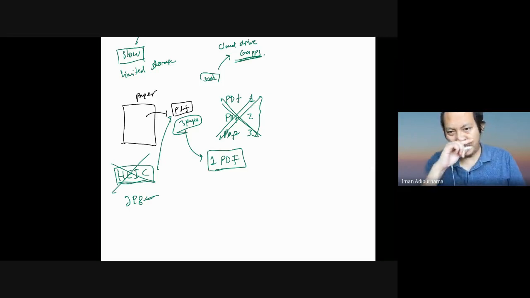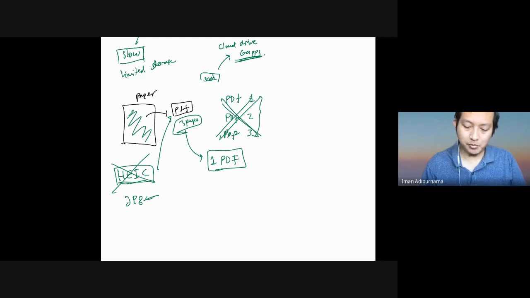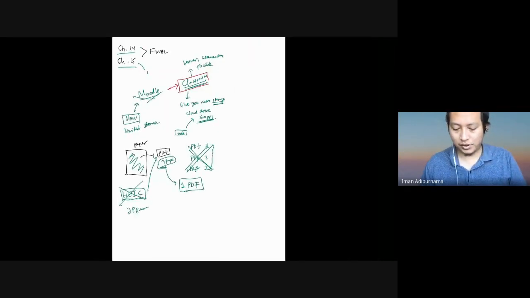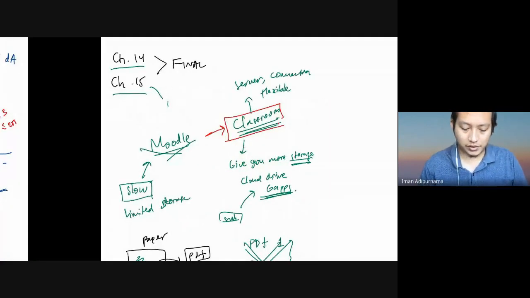So please do the PDF. In Moodle, I cannot correct your paper easily. In Google Classroom, I can easily correct the paper and then give you a score. So those are some notes for your final. The final will be restricted to chapters 14 and 15.